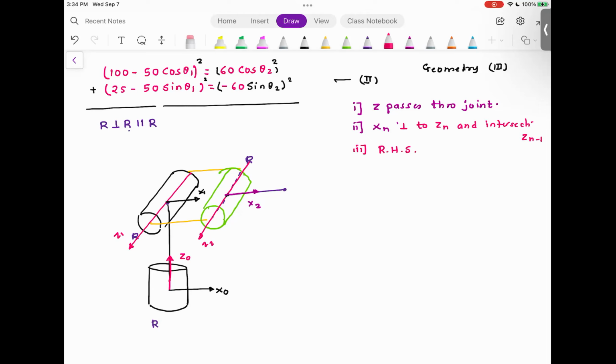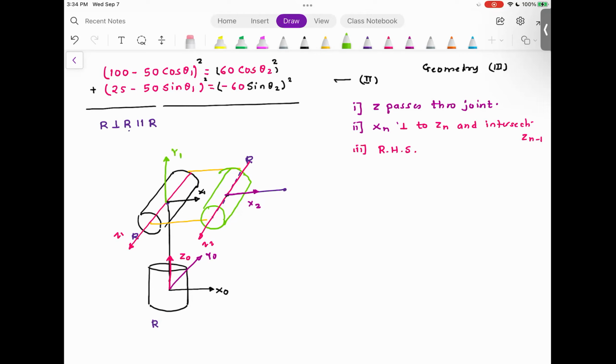So X0. So now I have Z going up, so my Y needs to go out. So now here, Z is coming out, X is going like this. So my Y has to be something like this.